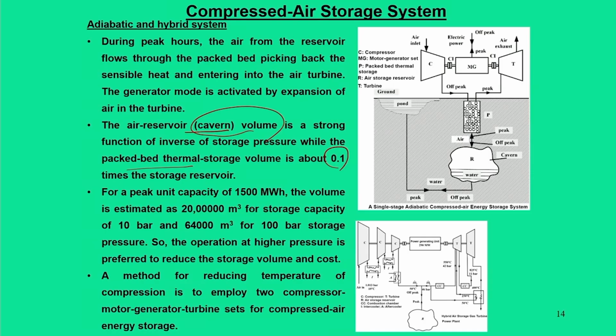So, a typical situation for a peak unit capacity of 1500 megawatt hour, the expected storage would be 20 lakh meter cube volume of storage capacity to store air at 10 bar pressure.